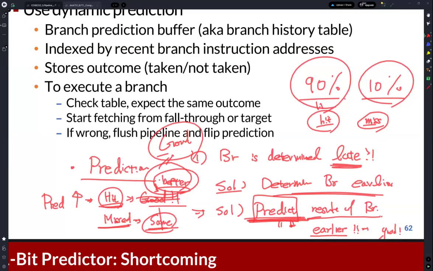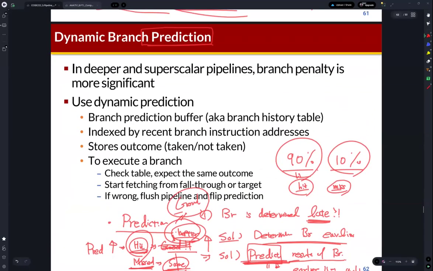If the prediction is a hit, it's better. If the prediction is missed, the penalty is the same. And if we can predict the result with a very high probability, then we can apply the prediction technology.